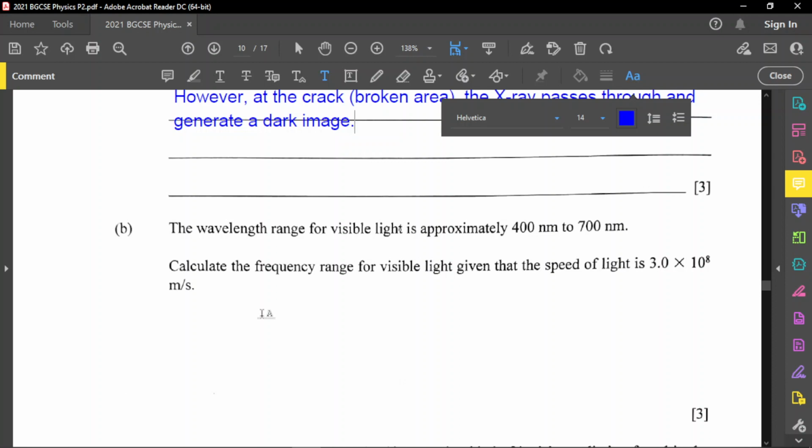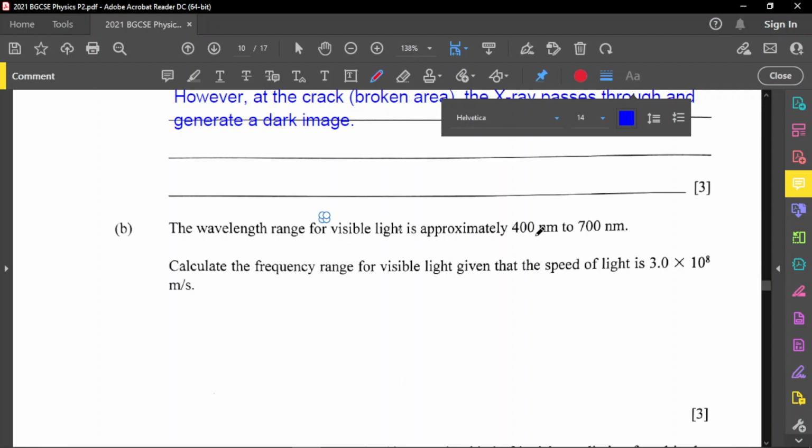So the first thing we want to do is to convert these values from nanometers into meters, because if we work with meters in the speed, we need to work with meters in the wavelength as well. So we need to keep our units the same. A nanometer is 10 to the minus 9.